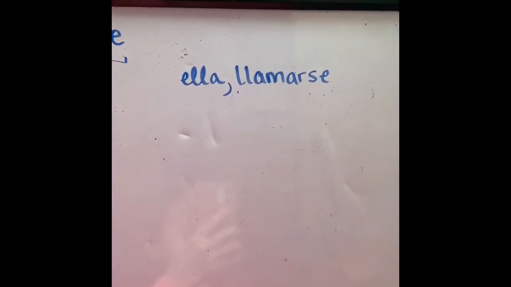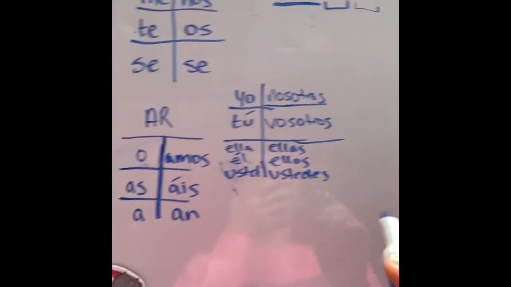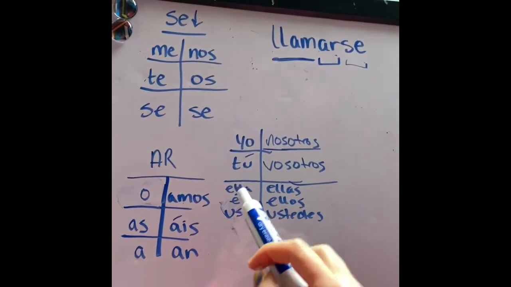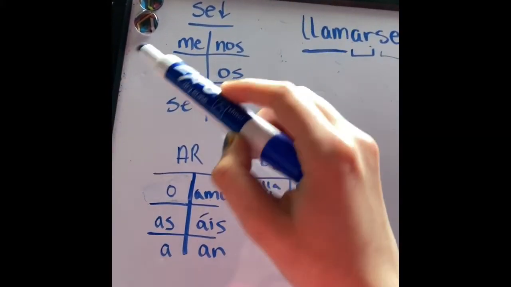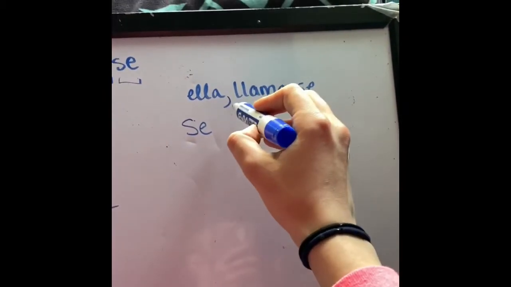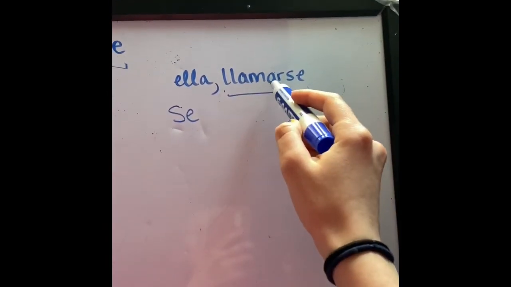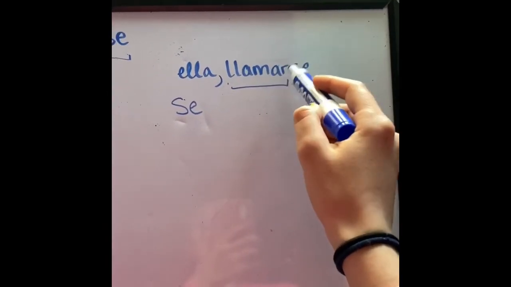Let's say you're trying to conjugate llamarse with the ella form, so you start with the se, and matching up on the chart, that's ella, and then se. That actually stays the same as just se. So you're going to have se, and then you're left with the llamar. So just like any normal verb, you conjugate the AR, so it's an AR verb.